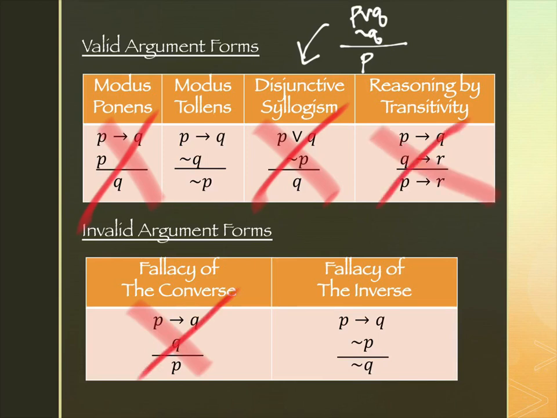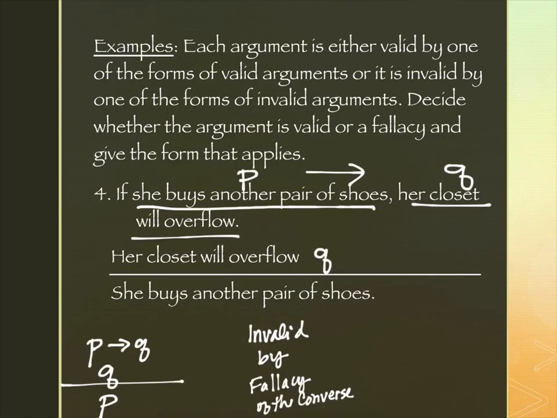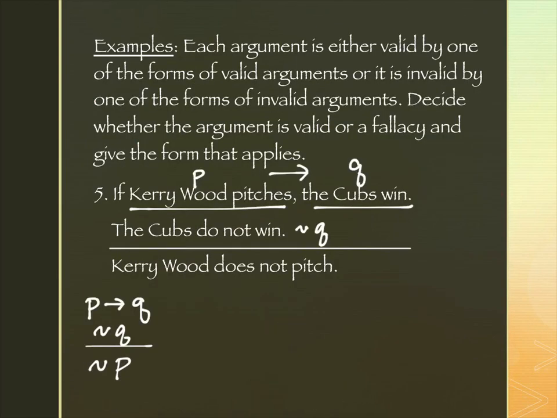I'm down to the last two that have a negation. But I want my negation to be the negation of Q. Modus tollens has the negation of Q. Fallacy of the inverse has the negation of P. So this is the one that matches mine. Therefore, I have a valid argument, and the valid argument form is modus tollens.